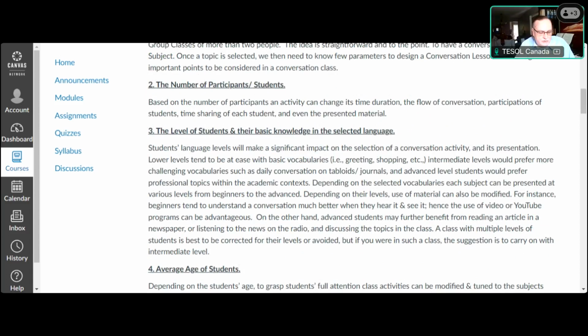And when they say the level of students, they're talking about the English language proficiency level that they're at. So you can identify the assessment level, the proficiency level of the students by giving an assessment test to your group of students at the beginning of the first class. It helps you a lot to be able to identify who is at what level with their English language proficiency.